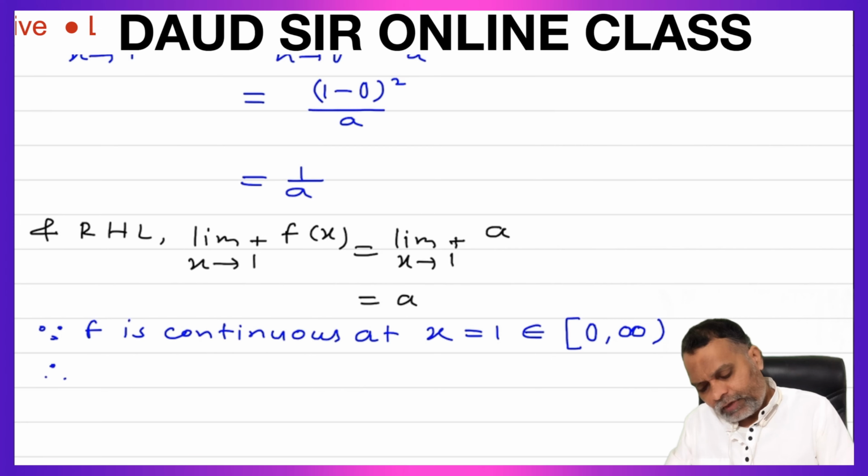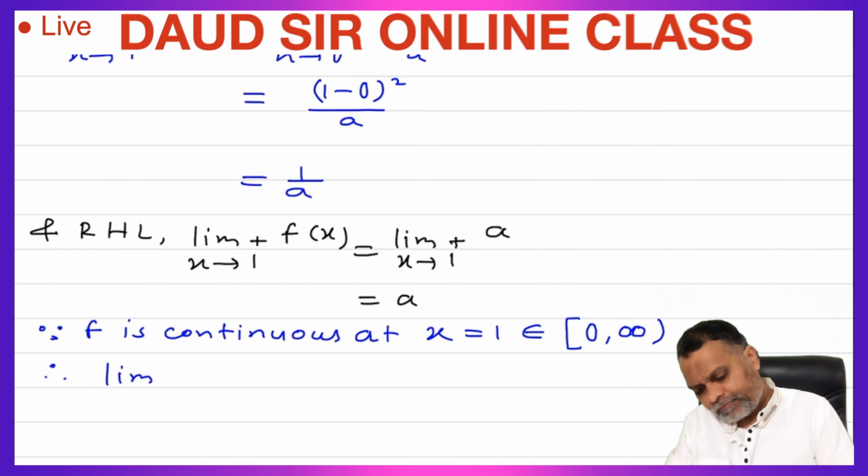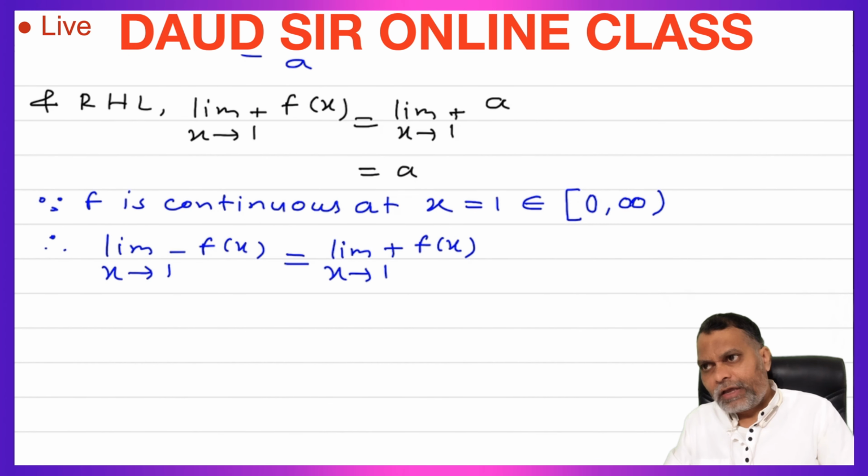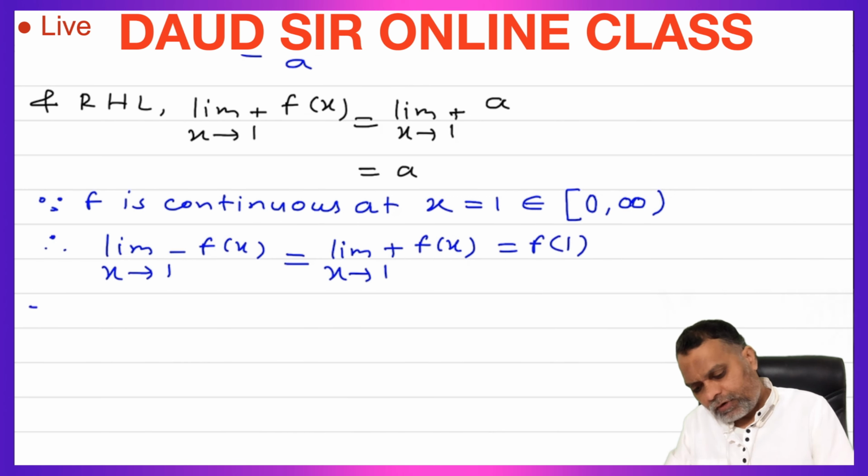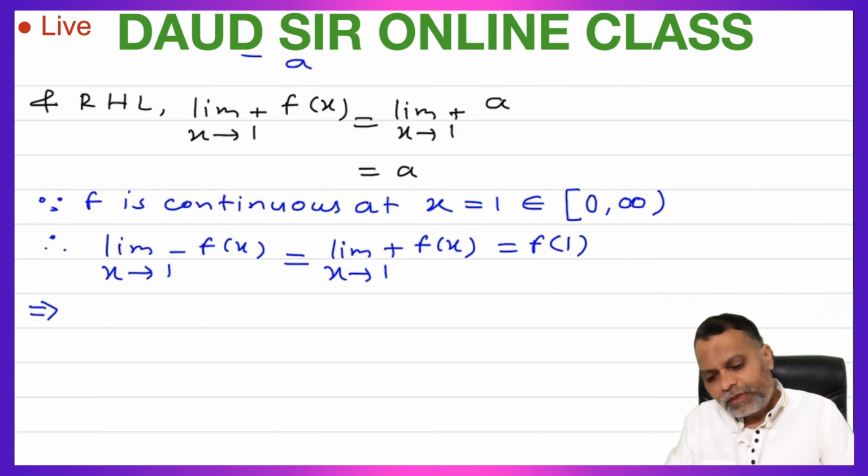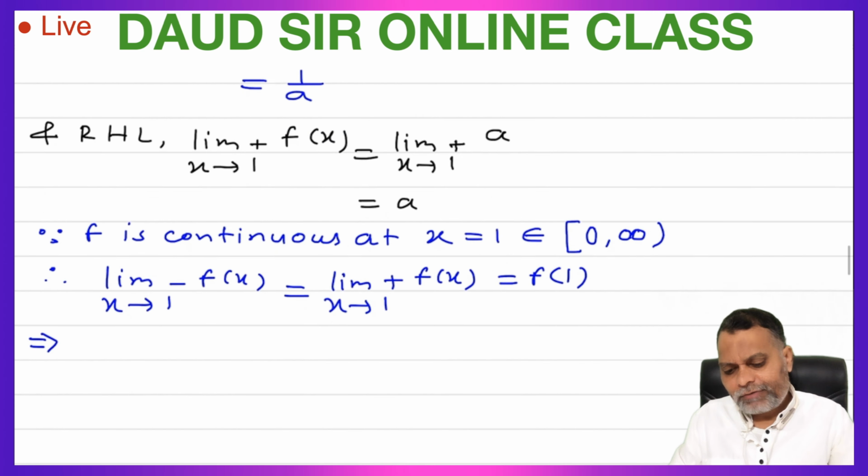Therefore, left hand limit x tends to 1 minus f of x is equal to right hand limit x tends to 1 plus, is equal to f of 1. Substitute all three values equal. Left hand limit we calculated 1 upon a.